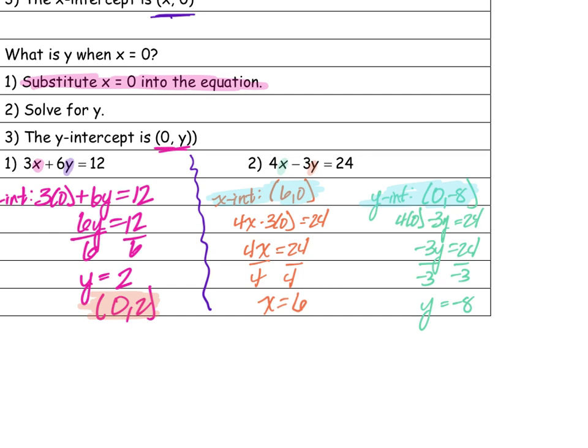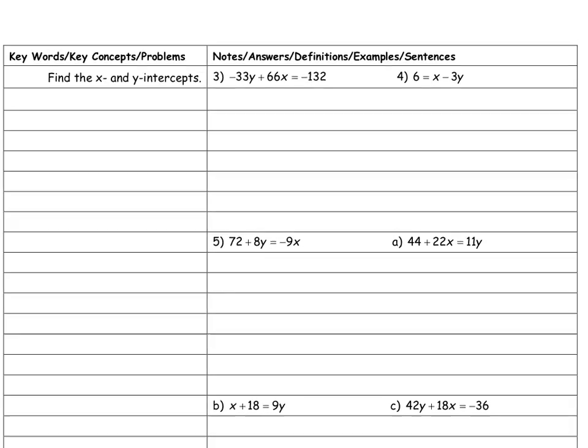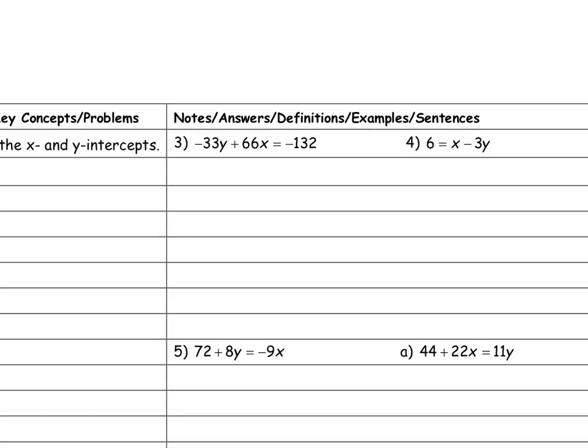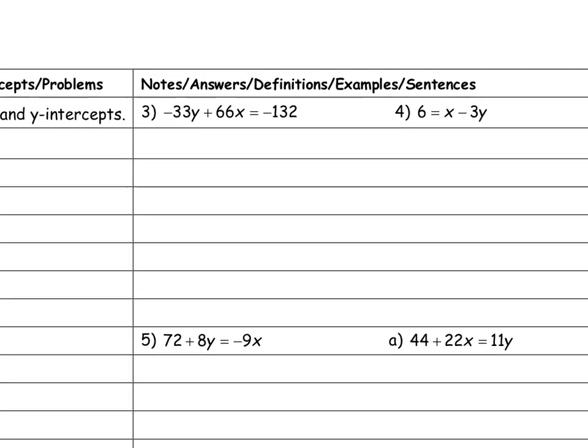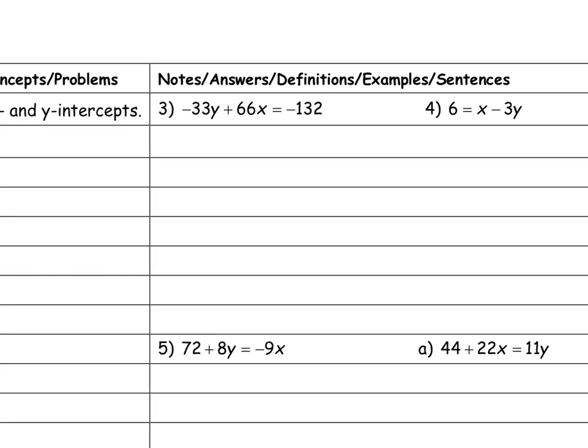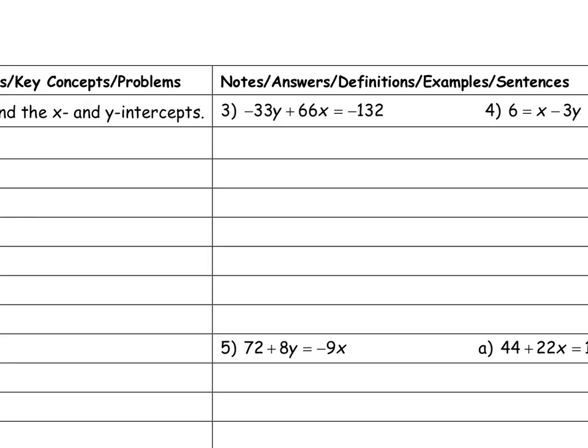Okay. So let's go to the next page. So same thing. We're doing exactly the same thing. Nothing has changed. So I'm going to find my x-intercept by setting y equal to 0. So wherever there's a y, right? It doesn't matter where the y is in my equation. I'm going to put a 0 there.